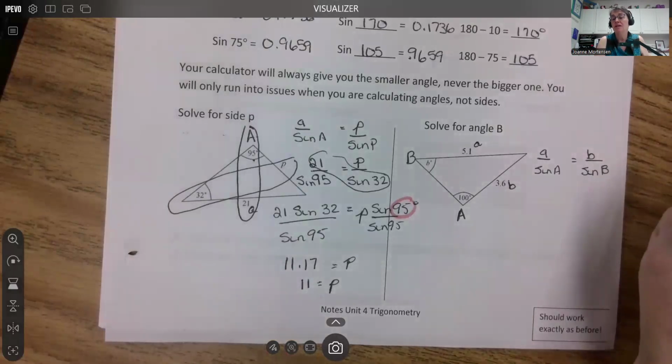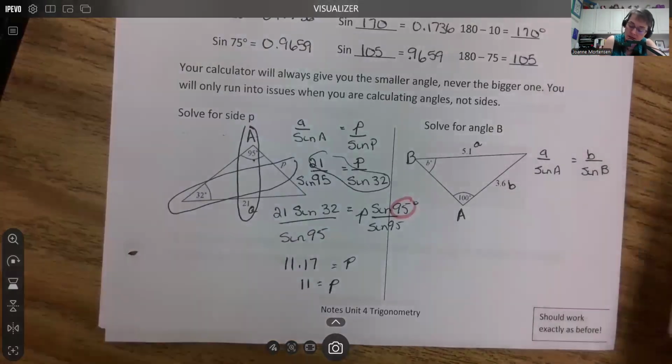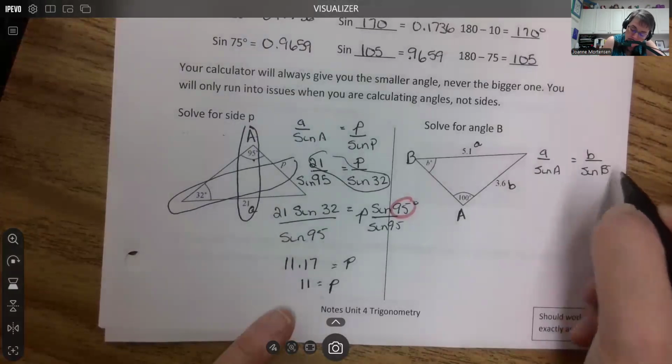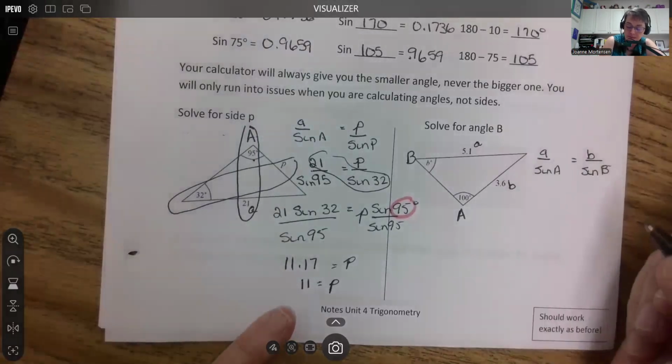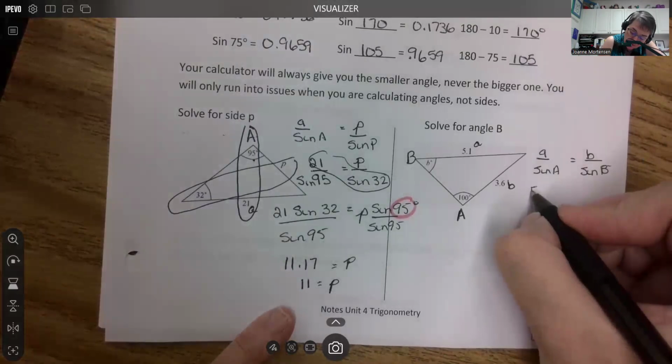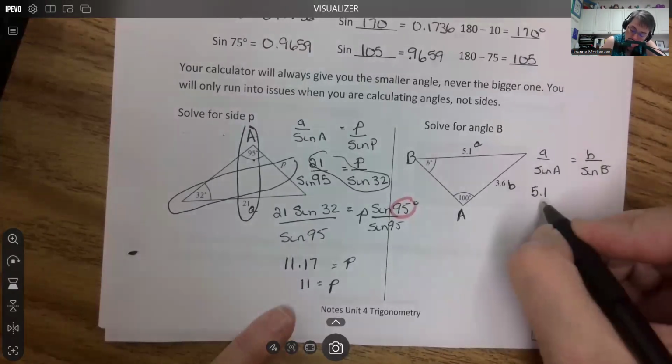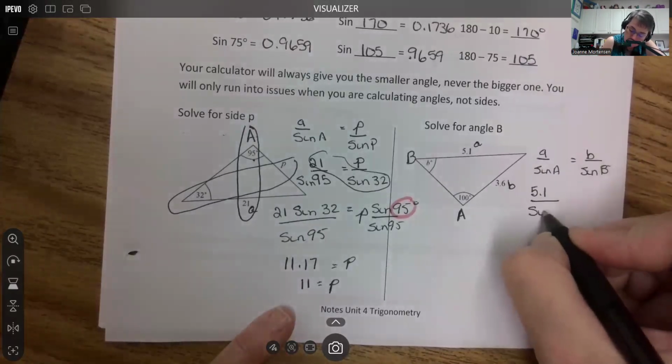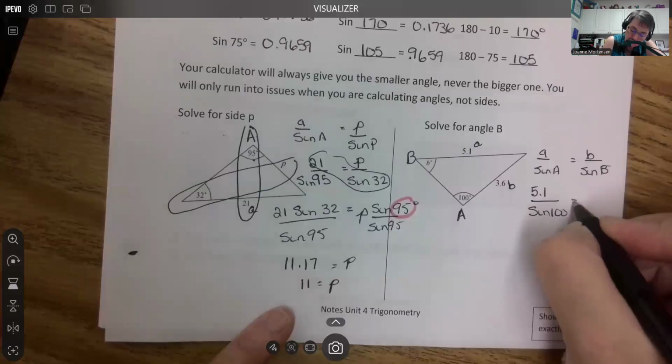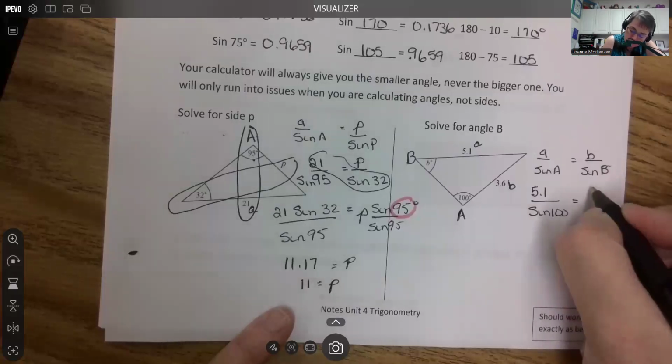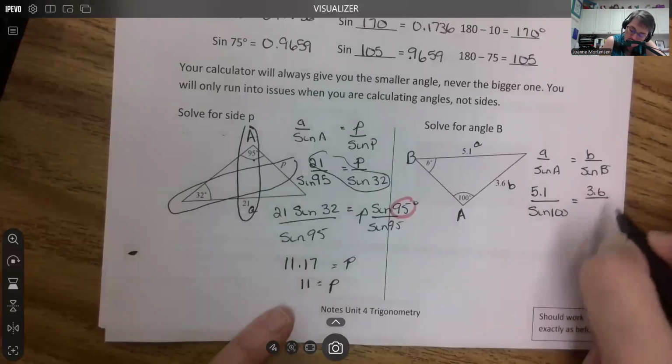If you've already done the question, you just go and figure out where the answer is. Nope, I was going to cross multiply, but I'll put my numbers in first. 5.1 over sine 100 is equal to b, which is 3.6 over sine B.